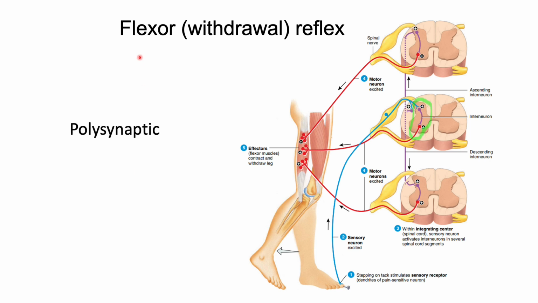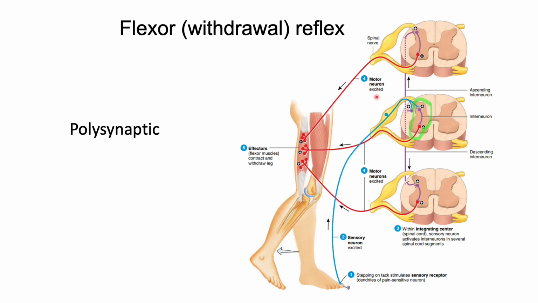Note that this flexor reflex is polysynaptic, so interneurons are involved. Not only that, but you can appreciate that this reflex looks more complex than the previous two reflexes because it involves different types of neuronal circuits, such as the divergent circuits, the reciprocal circuits, and the after-discharge circuits.